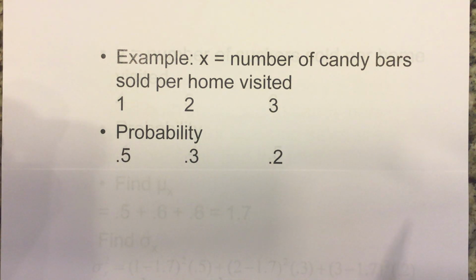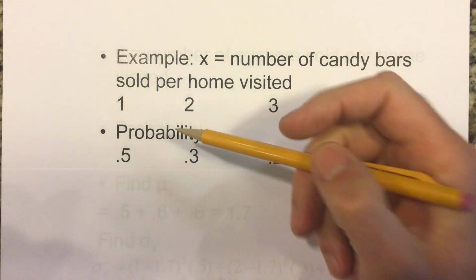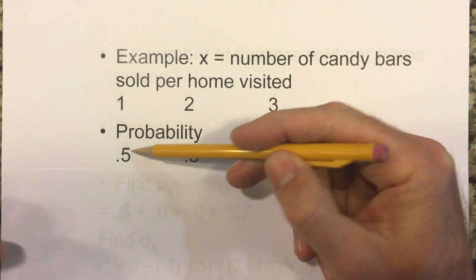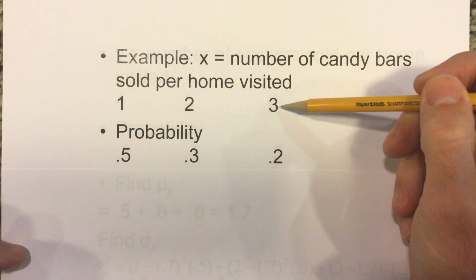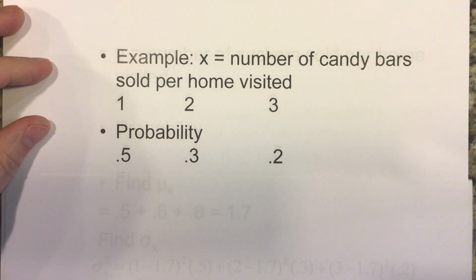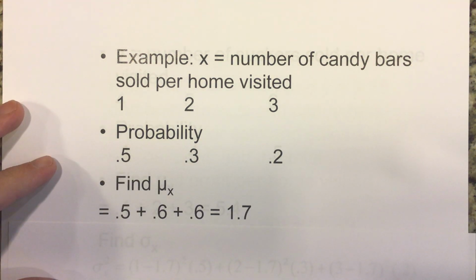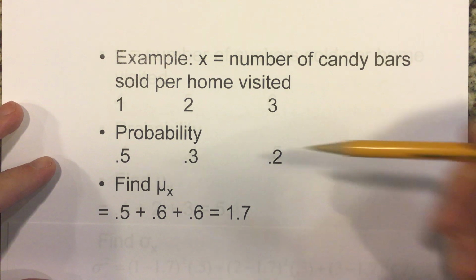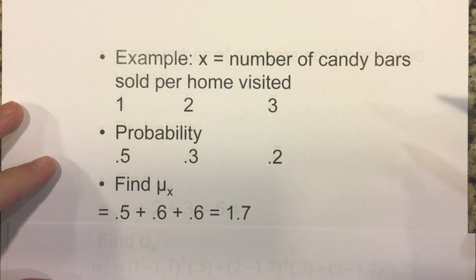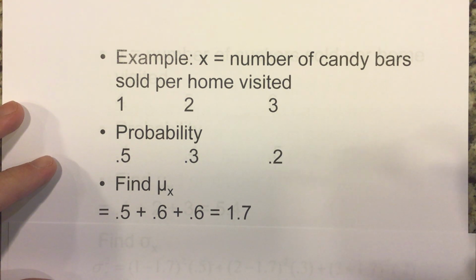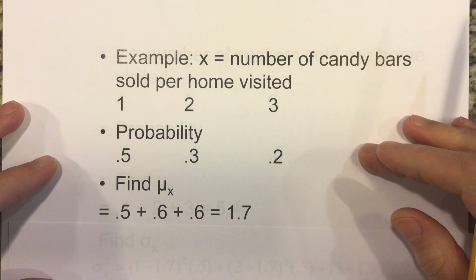All right, so step one, let's just find the mean of this random variable x. Remember our formula there, it'll be 1 times 0.5 plus 2 times 0.3 plus 3 times 0.2. There we go, our mean is 1.7. So on average, you're selling 1.7 candy bars per home visited. For fun, let's find the standard deviation.